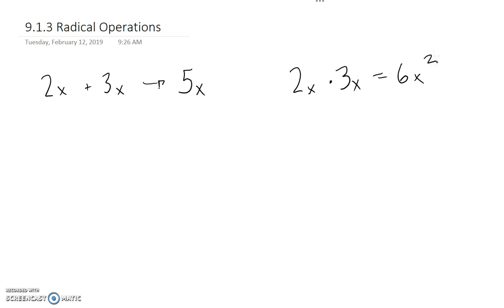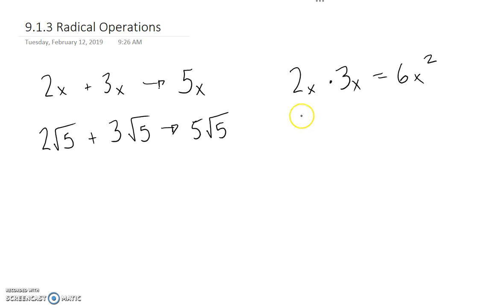So what we're going to do today is expand that idea into radicals. Just like 2x plus 3x, if I had 2 radical 5 plus 3 radical 5, the answer would be 5 radical 5.